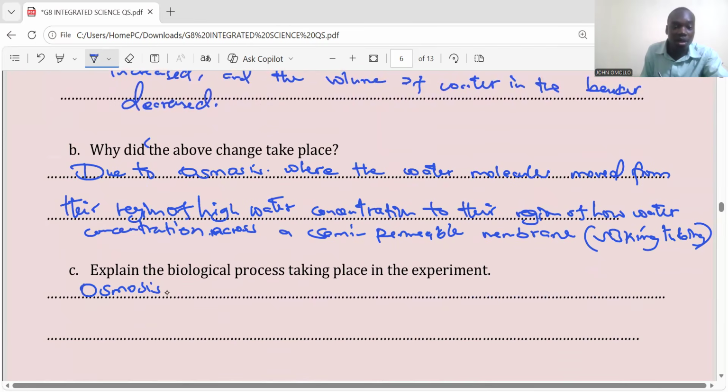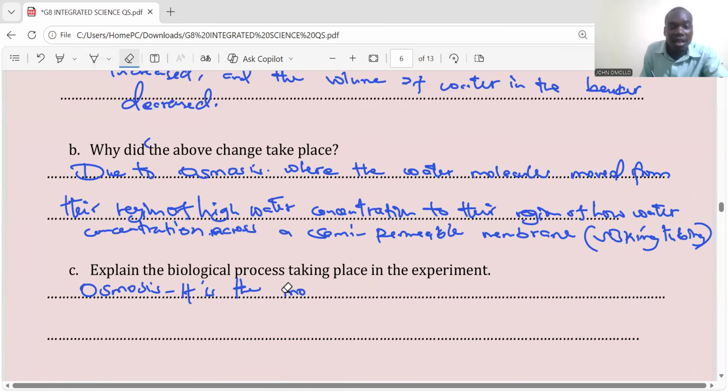Explain osmosis. So we are explaining the meaning of osmosis. Explain the biological process. Here we have talked about moved. We are trying to explain why the change took place. Now we want to define, we are explaining what is osmosis. That is the biological process under the experiment. Osmosis now, it is the movement.